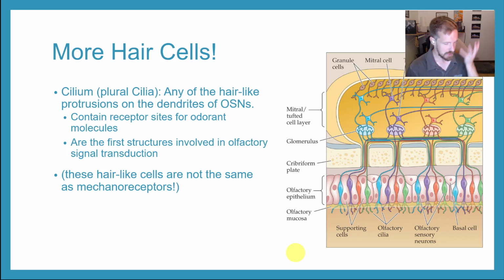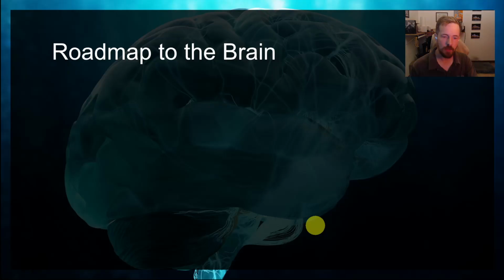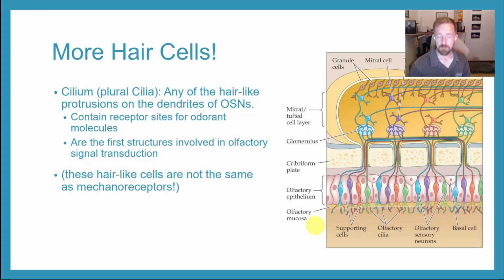Whenever we take a deep breath in, these cilia, these dendrites, are going to be latching on to incoming particles. And then from there, as we're going to talk about when we talk about shape pattern theory, depending on the shape and the structure of that odorant, that's going to affect how these olfactory sensory neurons respond.